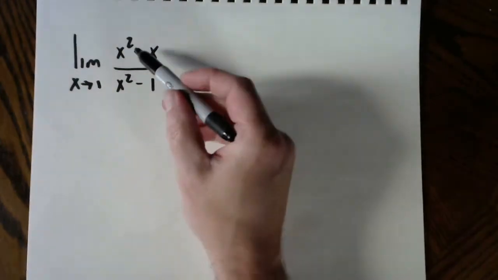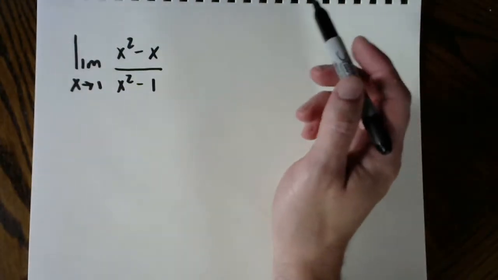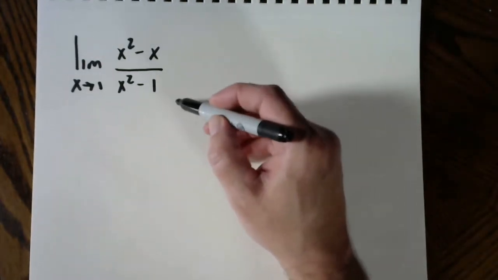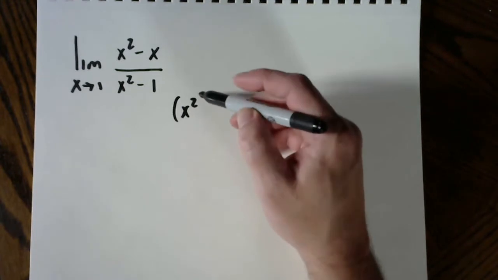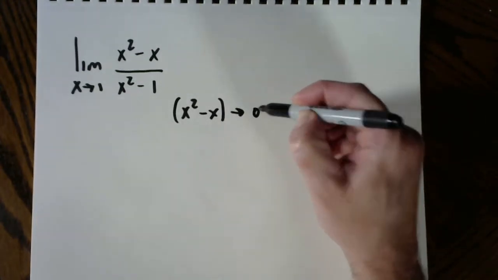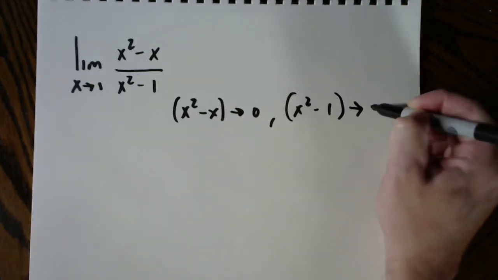So this is what we call a rational function. And if I substitute 1 in, I end up with 0 over 0. Okay, so we've seen this before. So as x goes to 1, the numerator goes to 0. Likewise, the bottom goes to 0.